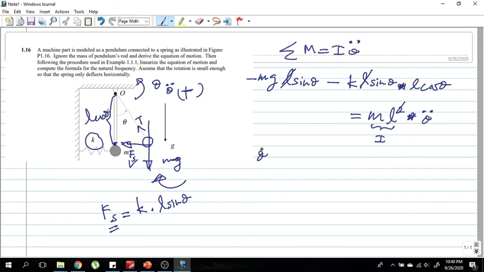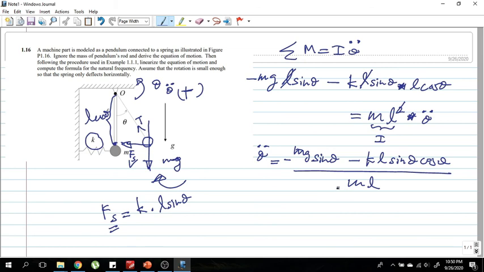Now we can get theta double dot equals minus mg sine theta minus kl sine theta cos theta, divided by ml.